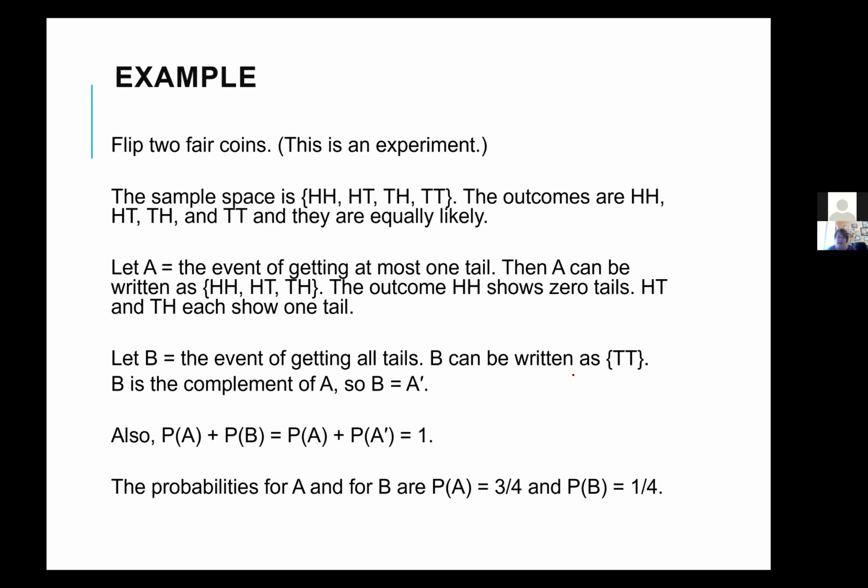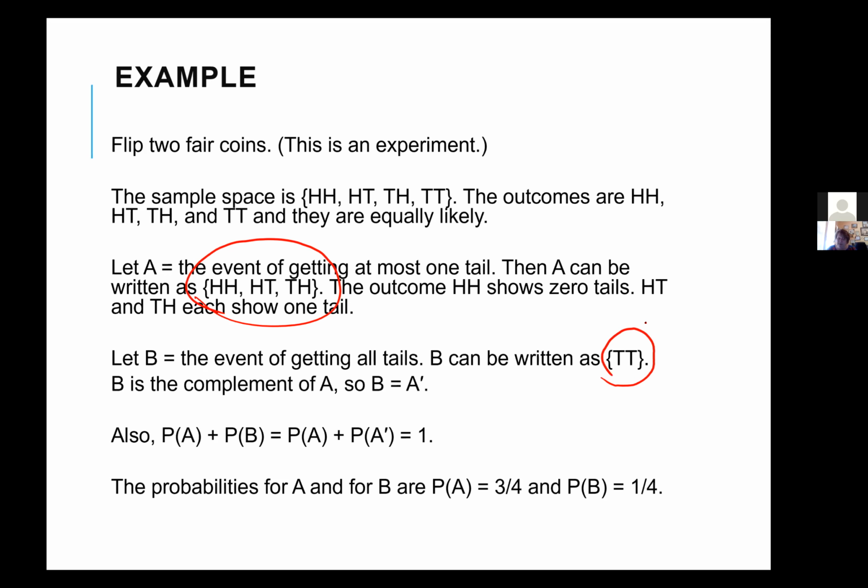All right, let's let B be the event that I get 2 tails, all tails. So B can be written as the set tail tail. And since if I combine A and B I get my sample space, then B is the complement of A. The complement of an event is the stuff in the sample space that's not in that particular event.